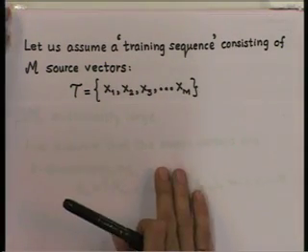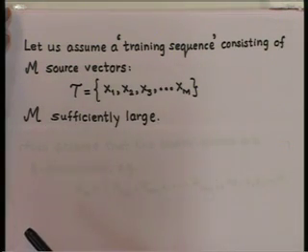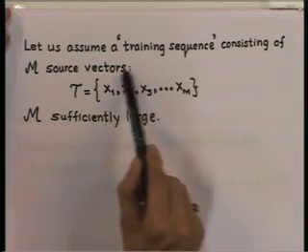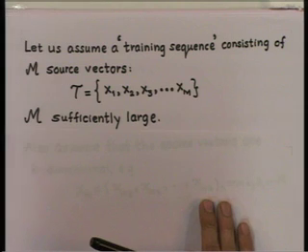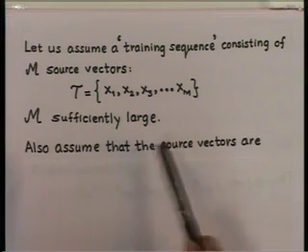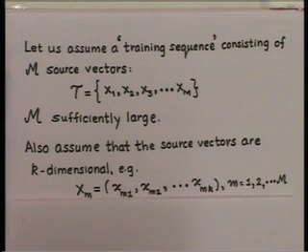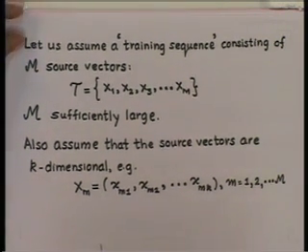Now, let us assume that M is sufficiently large so that all the statistical properties of the source are captured by the training sequence. Also assume that the source vectors are k dimensional. So, each of the source vectors is k dimensional.